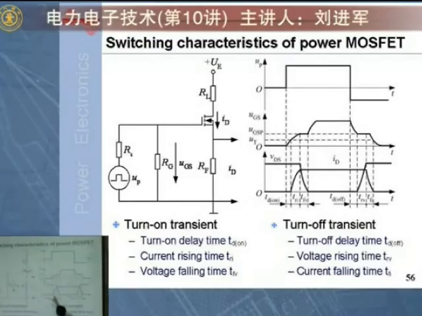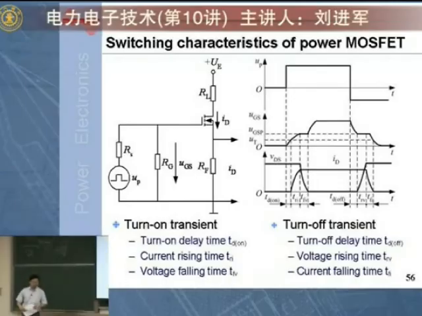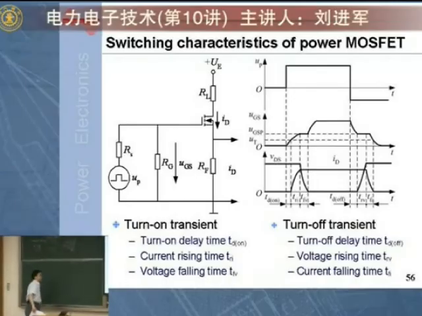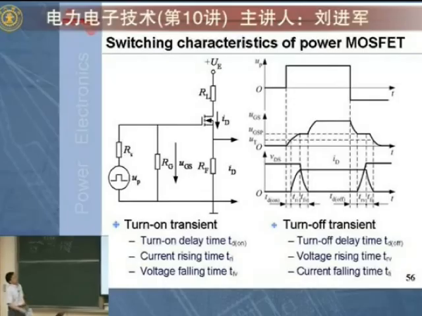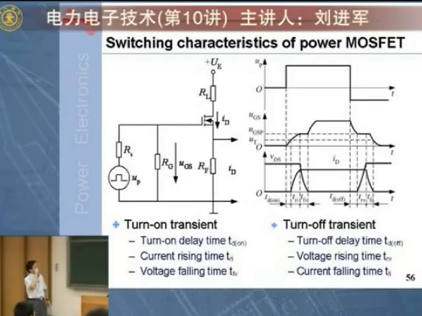And the third is the voltage between drain and source, and the current flowing through drain and source. There is one difference between MOSFET and GTR. We'll talk about that later on. But basically, if you look at this waveform, one thing for MOSFET is similar to GTR. That is, this is a level control.